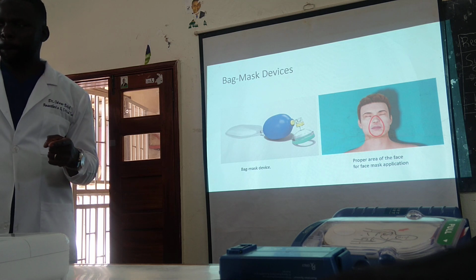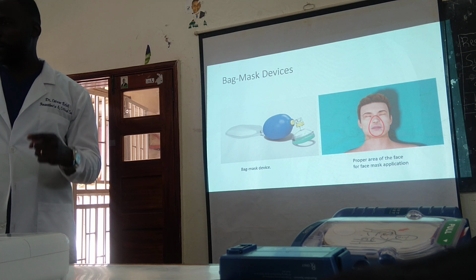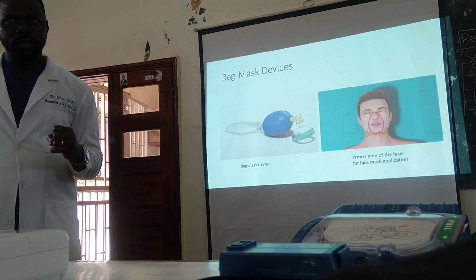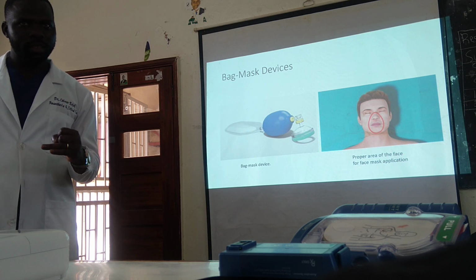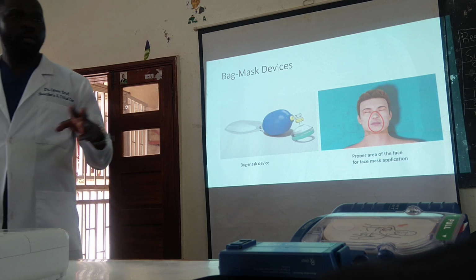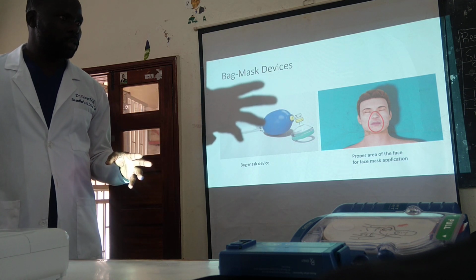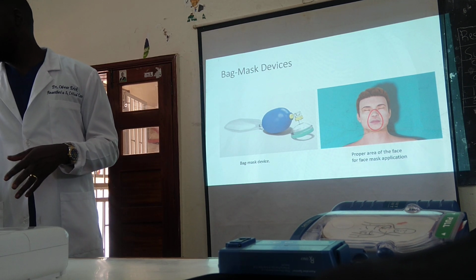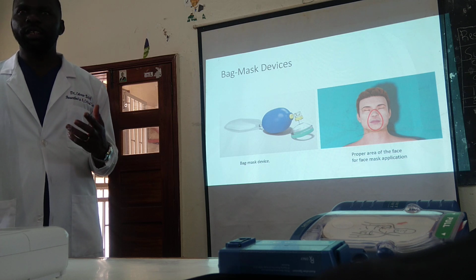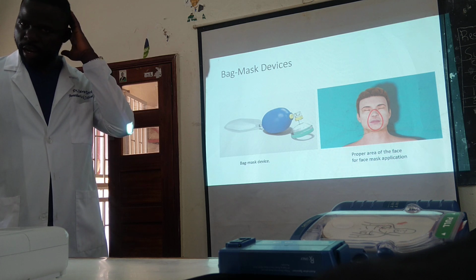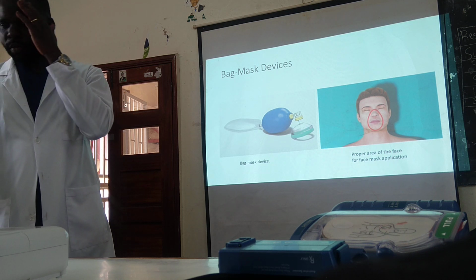Plan A is putting advanced airways, where you use endotracheal tubes, tracheal intubating tubes. Plan B is where you use, oh, I've now mixed it up. Okay, plan A is just using endotracheal tubes, tracheal intubating tubes.